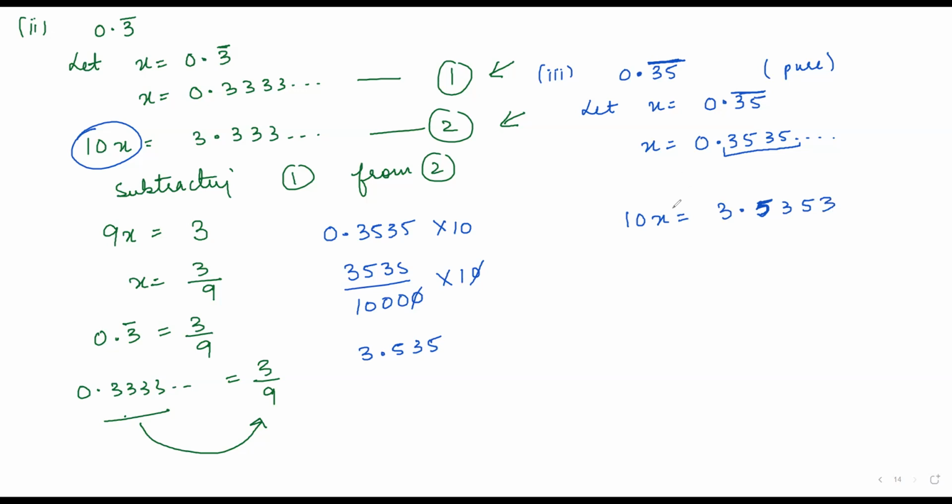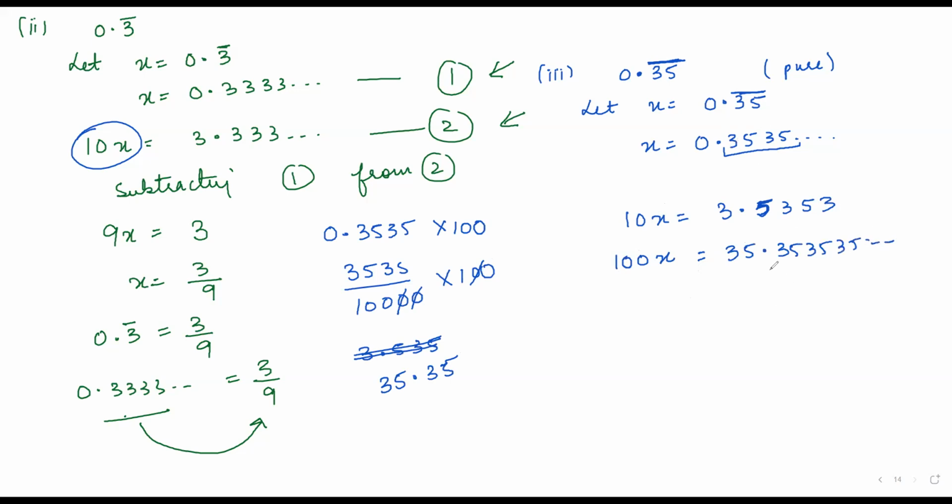So instead of multiplying this by 10, I am going to multiply this by 100. So what will I get? If I multiply this thing by 100, the 0.35 part will shift. So this time it will become 35.35, so I'll get 35.353535 and so on. Got the point?